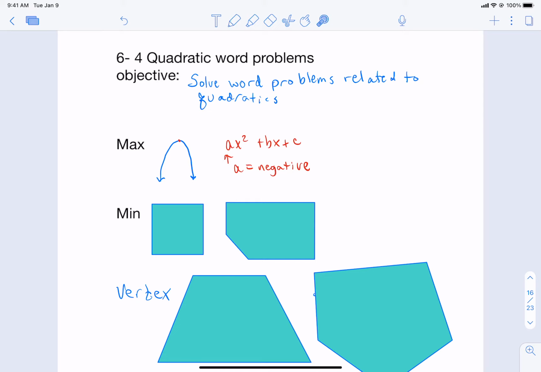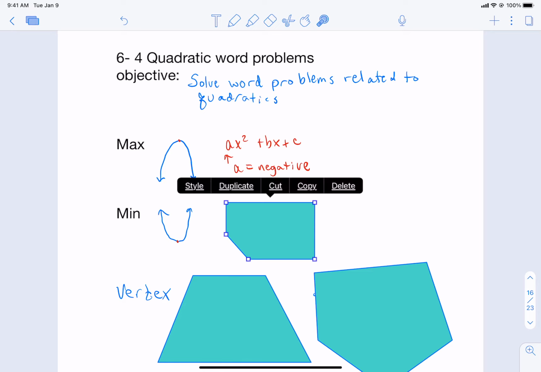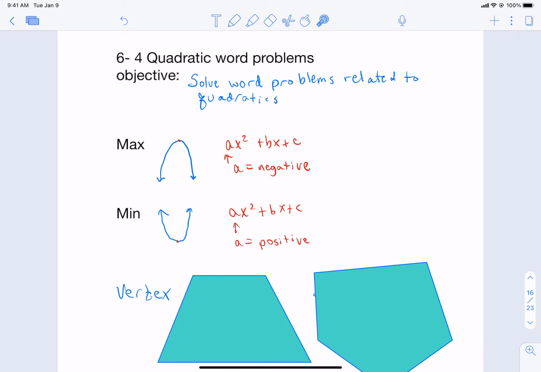Now, there are some other quadratic types of problems. Sometimes you might want to find the minimum amount that we have to pay for something, or the minimum amount of material we have to use, or something of that sort. Those parabolas will look like what you see here. And in that case, our ax squared plus bx plus c, the a value has to be positive.